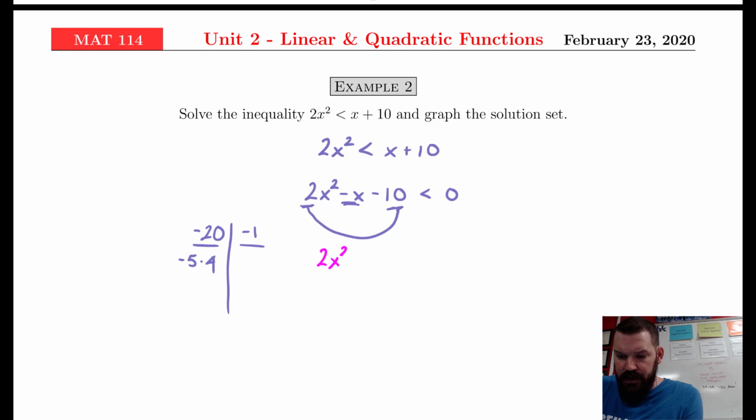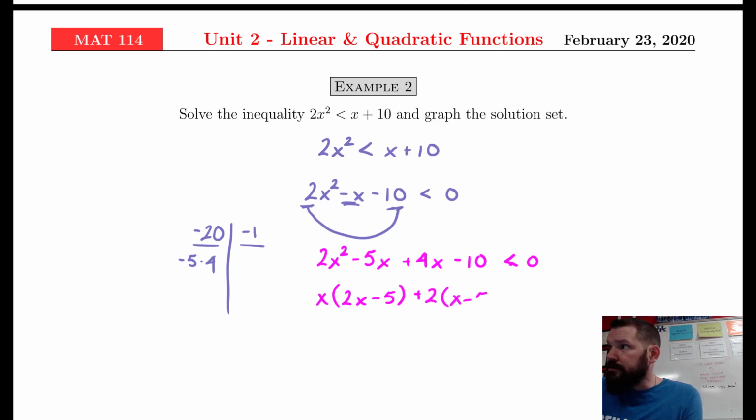So we get 2x squared minus 5x plus 4x minus 10 is less than 0. When we do the factor by grouping here, we have x times 2x minus 5. We can factor a 2 out of this side, and we still get x minus 5.